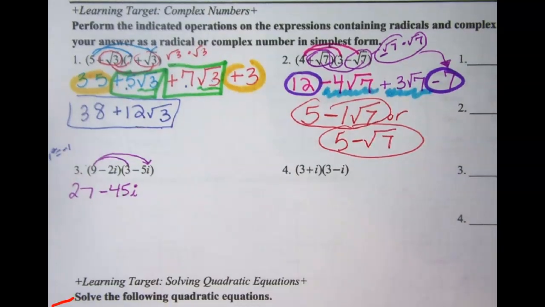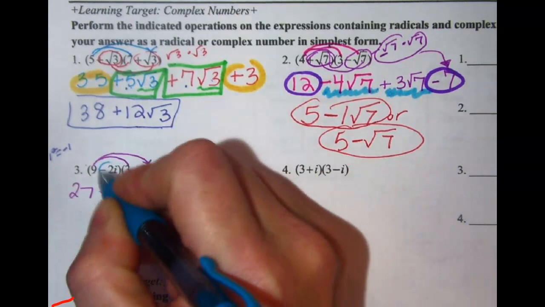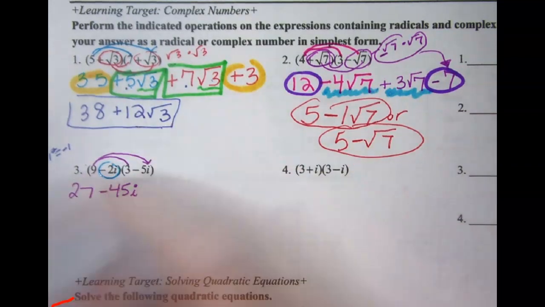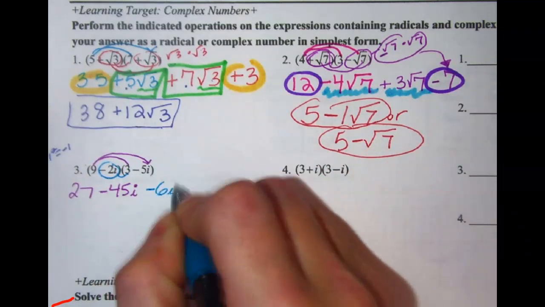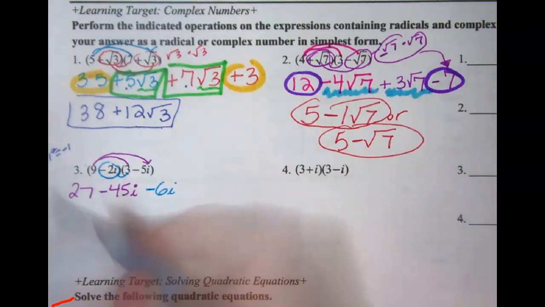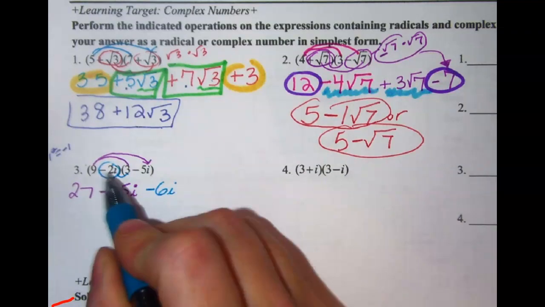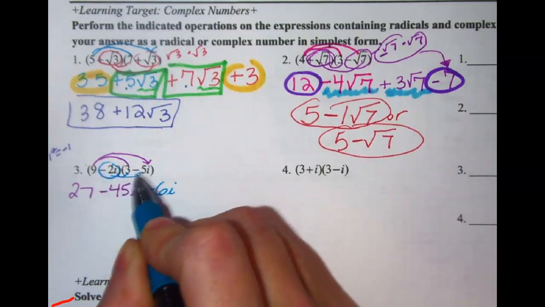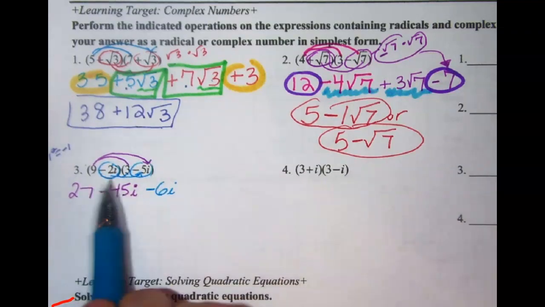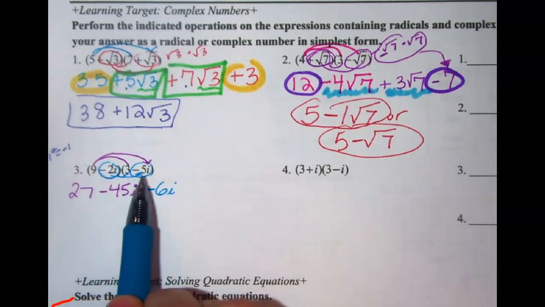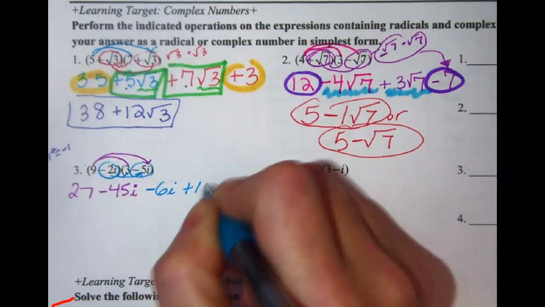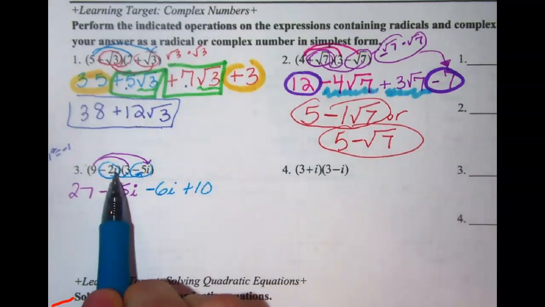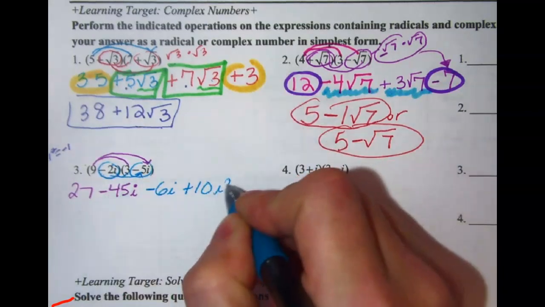And then now I'm going to go to the bottom, negative 2i times 3, so negative 2 times 3 is negative 6, and then the i stays with it. And then the other part, you have to be careful here, that's a negative 2i times a negative 5i. So a negative 2 times a negative 5 would give me a positive 10, and then an i and an i is an i squared.